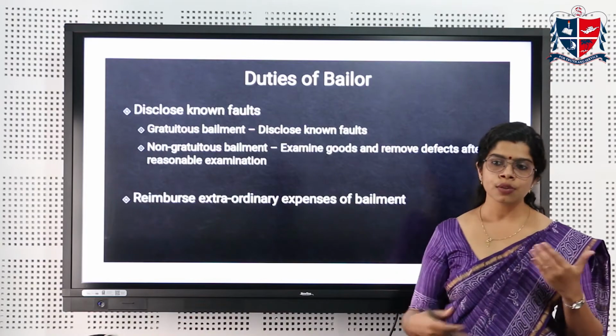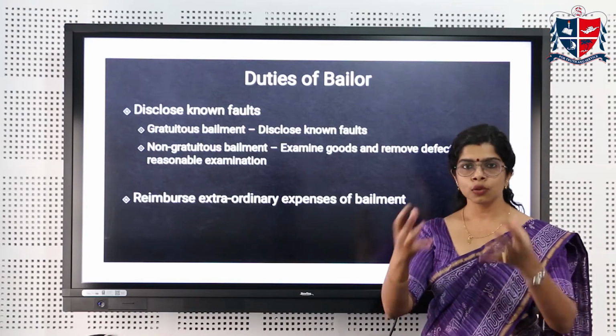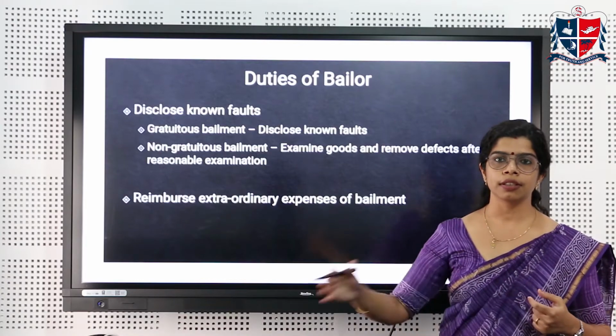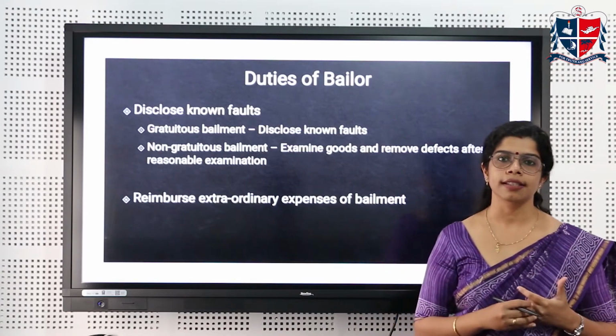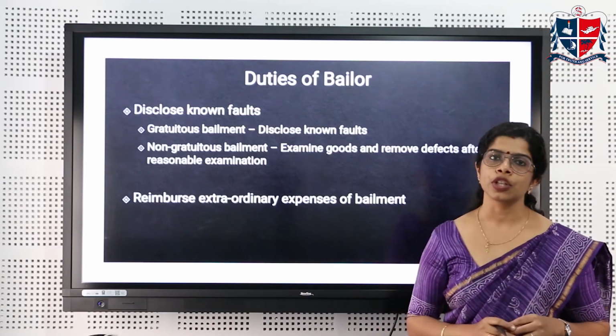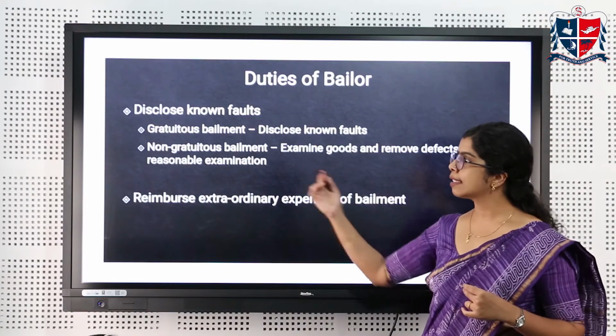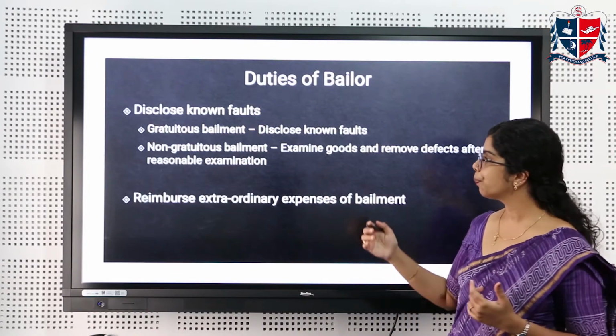So he has to do a detailed examination of the goods delivered to the bailee before the bailment contract is entered into, and see to it that there are no probable faults that will come up once the contract of bailment gets active.